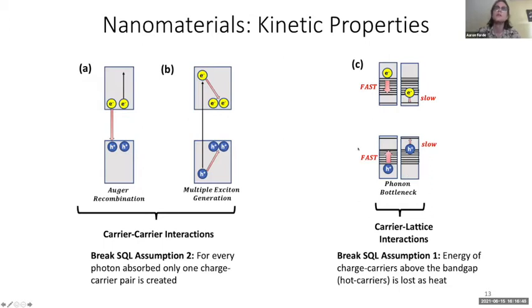It should theoretically be able to slow down charge carriers, and you could extract that hot charge carrier to generate a higher photovoltage, which would break the other assumption that I described earlier. And like I mentioned, most of my dissertation will be focused on carrier lattice interactions.